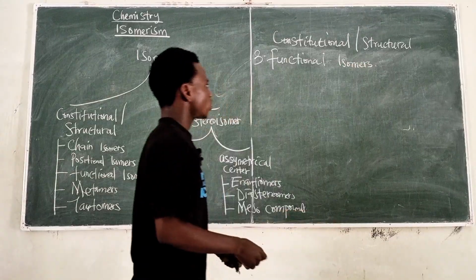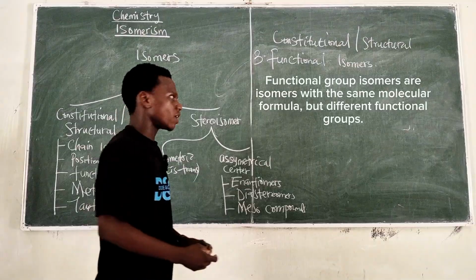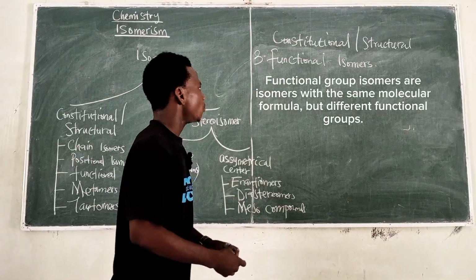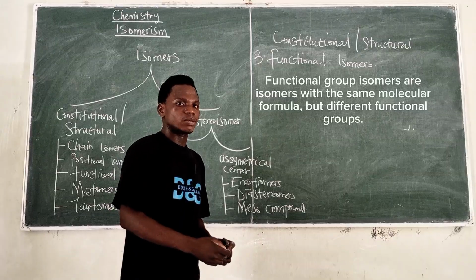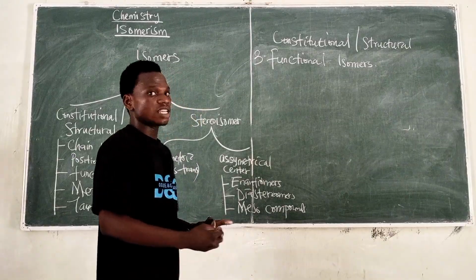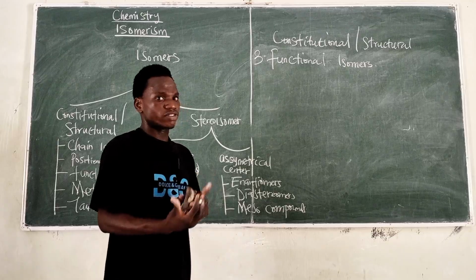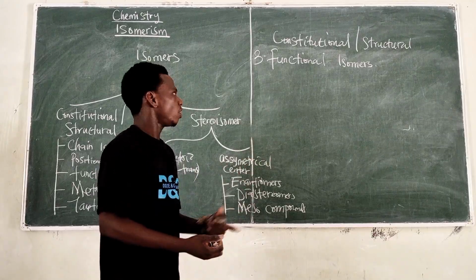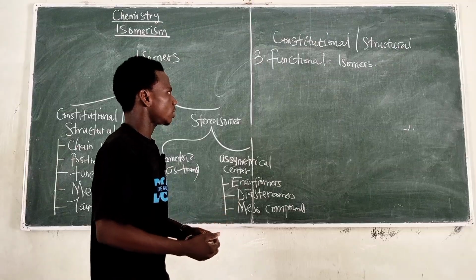So functional isomers or functional group isomers are isomers with the same molecular formula but different functional groups. They have different structures, the same molecular formula, but different functional groups.